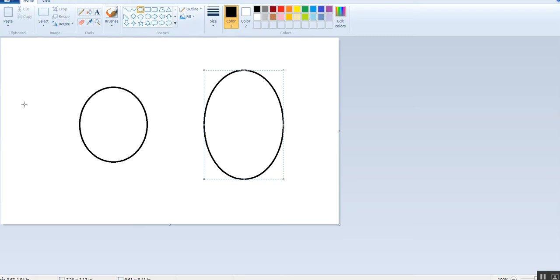Assume that this is phase 1, this is progression 2, and this is progression 3.